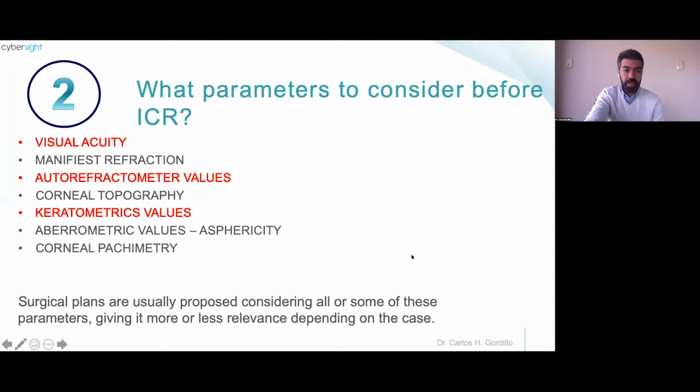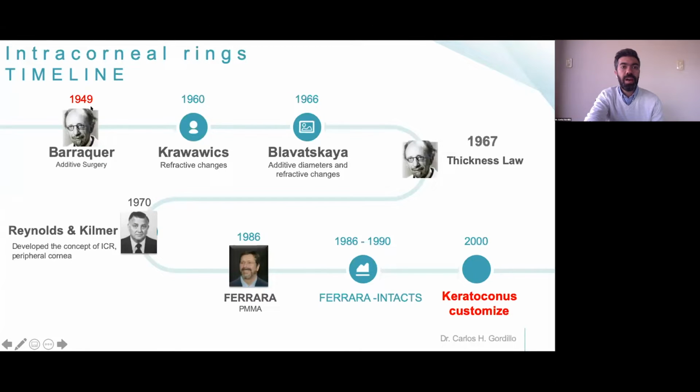And then the corneal pachymetry, as I was telling you before. The surgical plans are usually proposed considering all or some of these parameters, and the doctor can give more or less relevance depending on the case to the keratometric values, to the corrected visual acuity, or to the pachymetry.